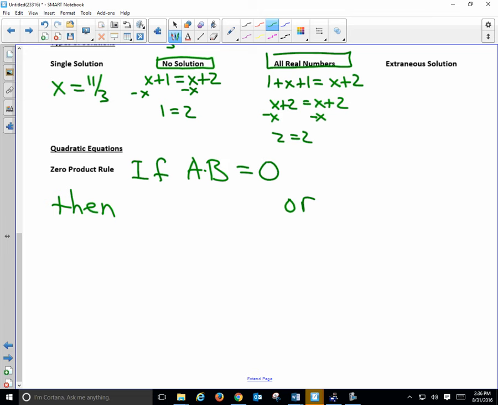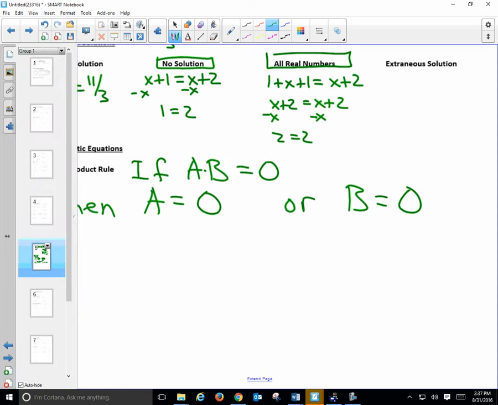Either this or this is true. What can you say? Either A is equal to 0 or B is equal to 0. Everybody agree with that statement? Has to be true, right? And that makes the zero product property very useful in mathematics.